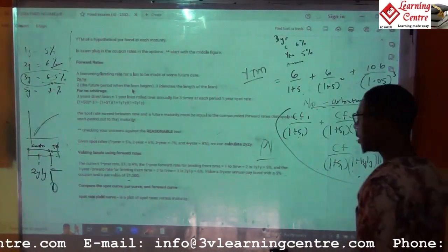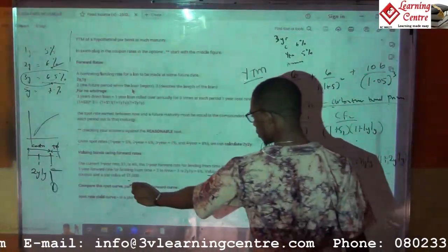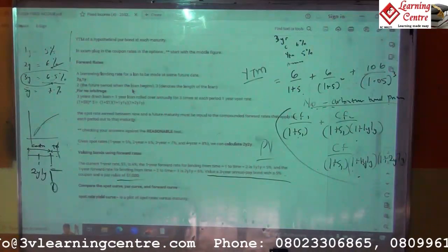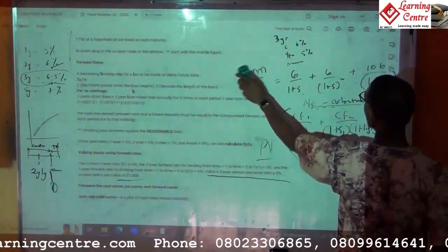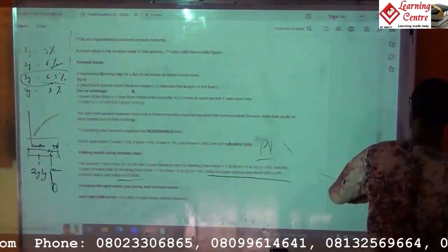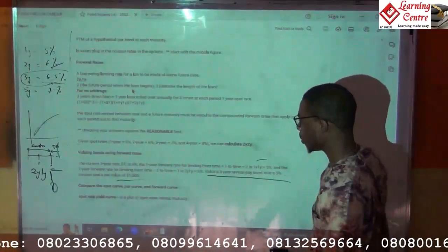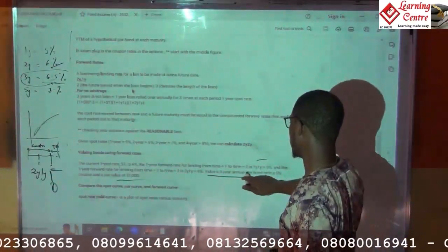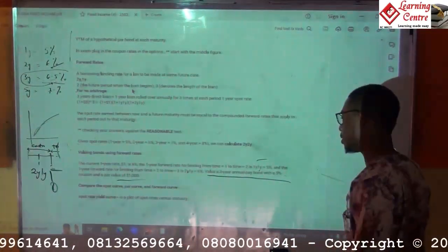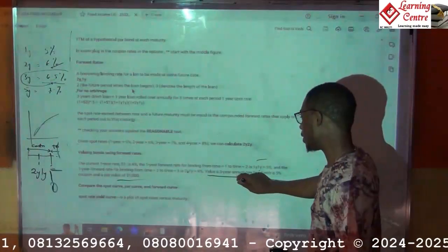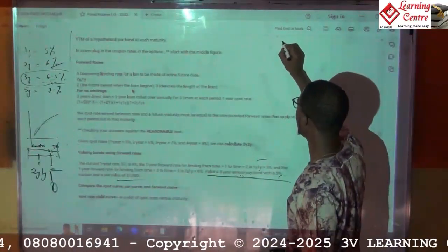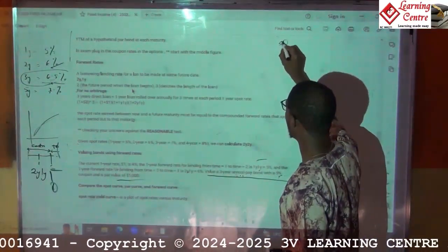So, using that, let's solve this question very fast. We have the 1 year rate, the 1 year forward rate, the 2 year 1 year forward rate, and a 3-year annual coupon bond at 5%. So our cash flow will be 50, 5% of 1,000.